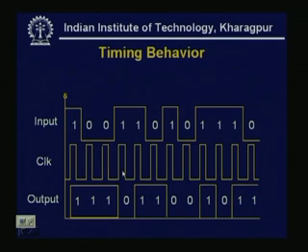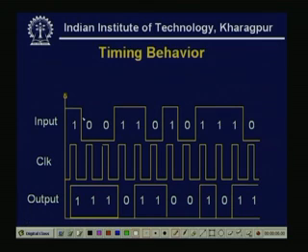Now, if we see the timing behavior, I am taking a high clock pulse as 1 and low as 0. Say the input is a bit stream 1 0 0 1 1 0 1 0 1 1 1 0, like that.